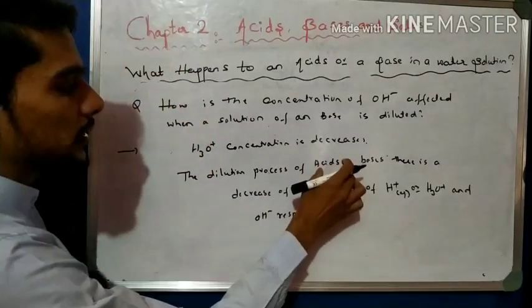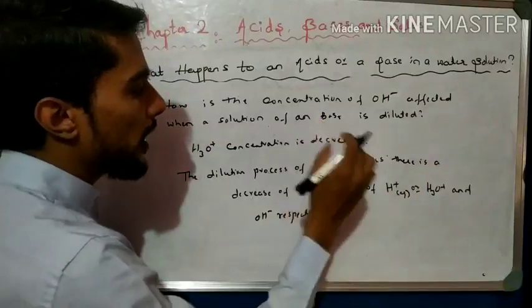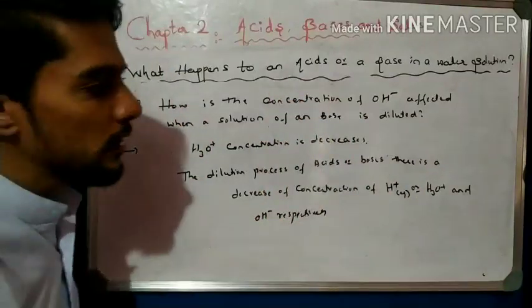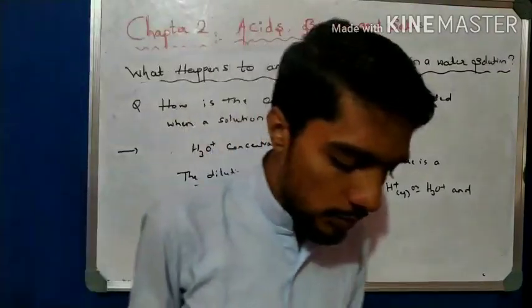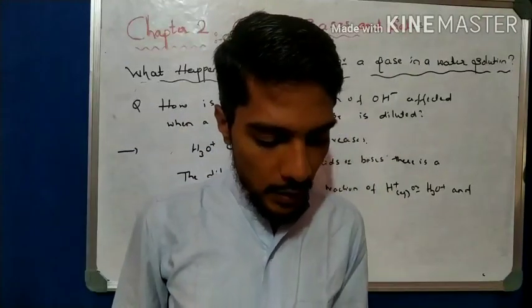So in the case of acid, there is a decrease in H plus ions. In the case of base, a decrease in OH minus ions. In which process? In the process of dilution. That is a very important concept in this regard.